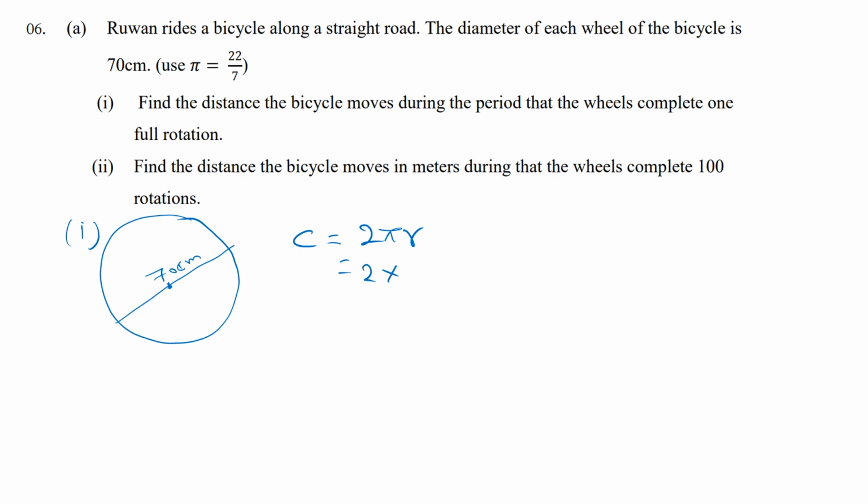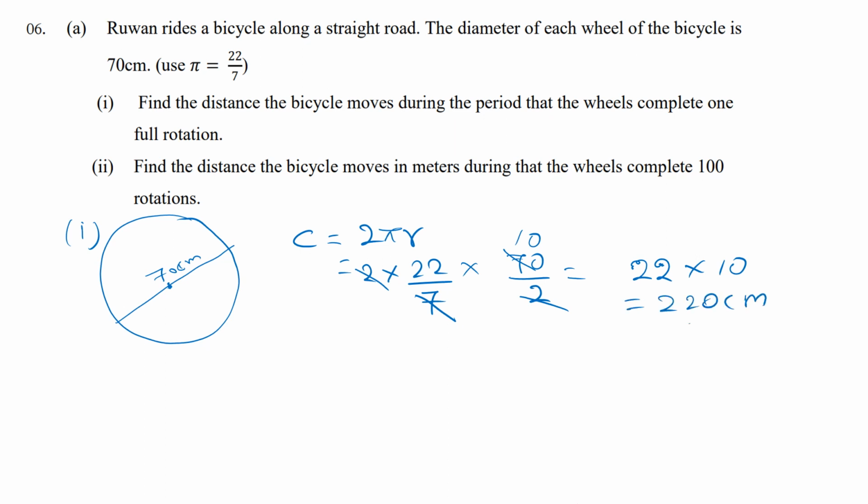Pi is 22/7. R is 70 divided by 2. So you can do it like this. This gets 10, and you can cancel out this 2, and then this is 22 into 10, that is 220 centimeters. This is the distance it moves with one full rotation.